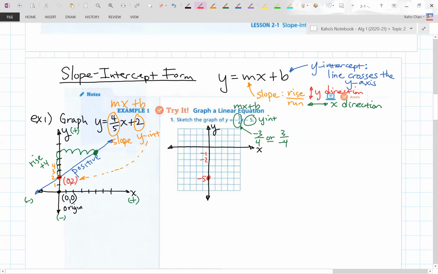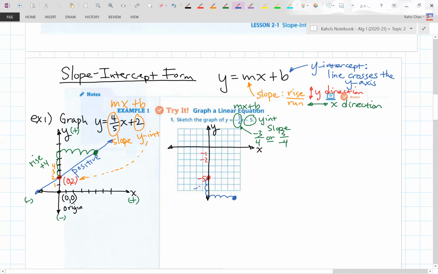Now, the second thing I have to do is find a point through which this line crosses. And I have to apply the slope. The slope is either negative 3/4 or 3 over negative 4. Let's see what happens when we try to do both of them. Here we go. From negative 5 on the y-axis, negative 3 over 4 goes to right there on that point.